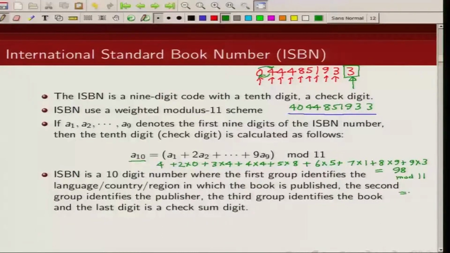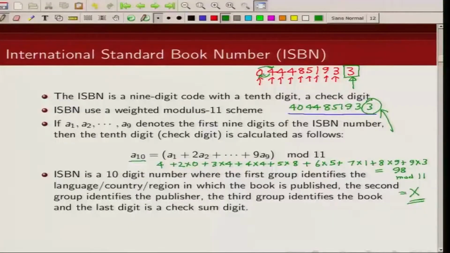So, that would be X. Note that this check digit is not matching with the check digit calculated this way. So, you can see this particular ISBN code can detect transposition error. The correct number was 04448511933, and these two digits got interchanged, a transposition error happened, and you can see using this ISBN number we are able to detect such errors.